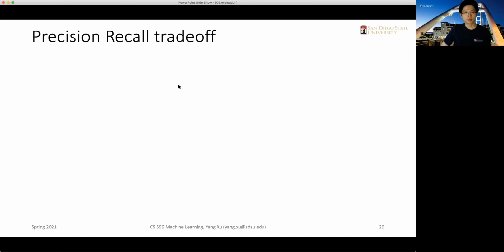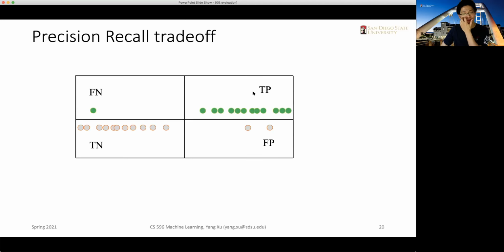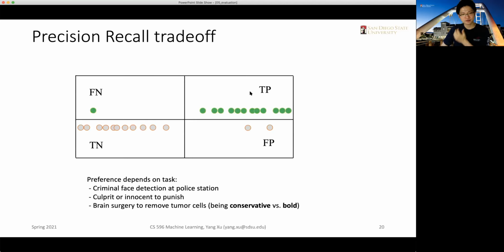All right. So yeah, the precision and recall trade-off, let's go through it again. Okay, so for example, different tasks may place different preferences over either recall or precision. Okay, so probably when we do diagnosis in the hospital, right? Before we make a surgery, like to remove a tumor in a patient's head, right?